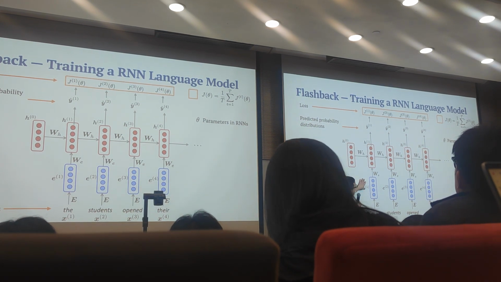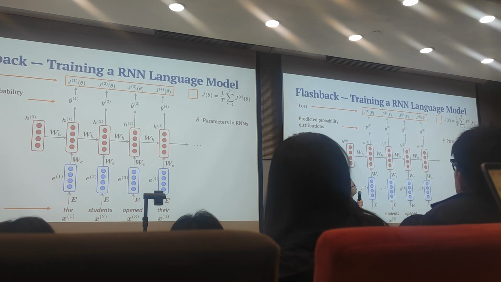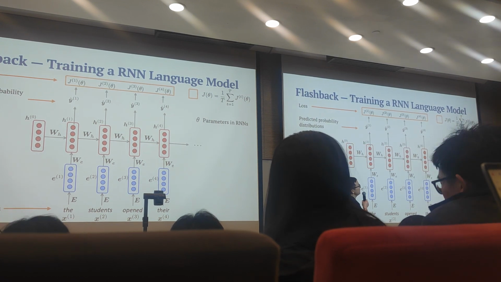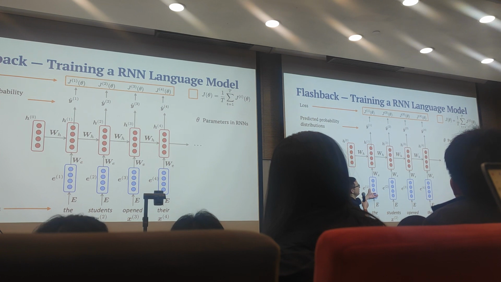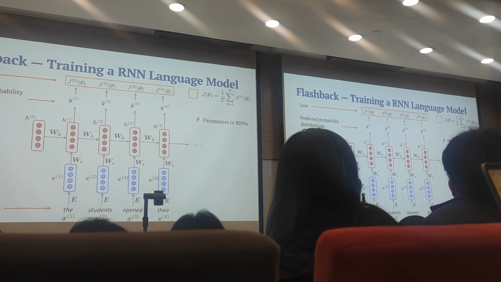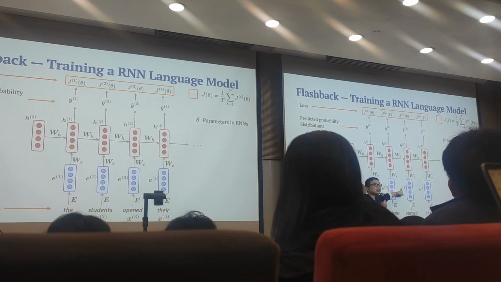Okay? So this is what we saw in the last lecture. We have all this computational graph, and what we're trying to do here is find the parameters inside this RNN. So we have the WE, WH, and E1, E2, E3, those things as well.